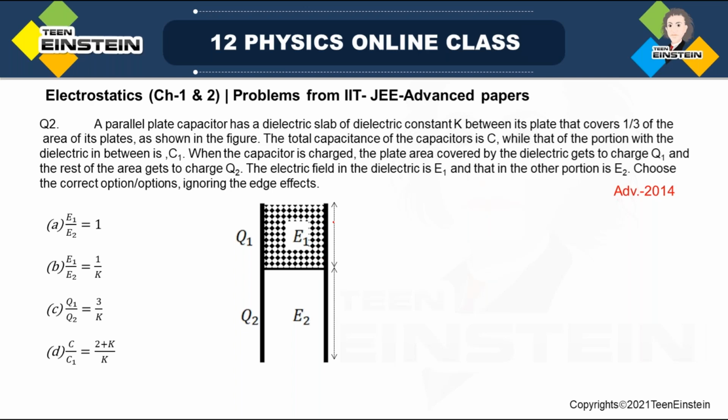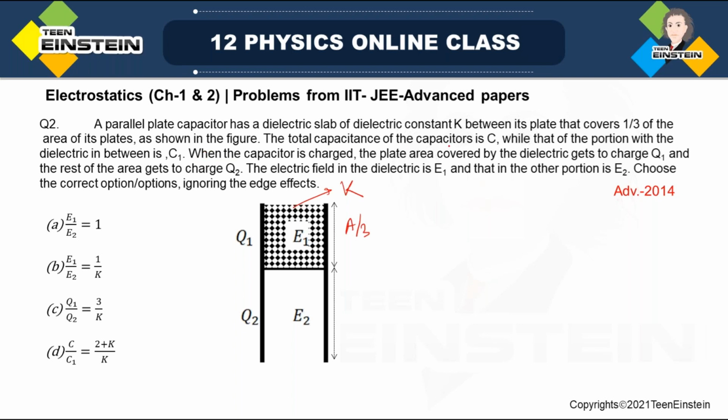As you see here, suppose the whole area is A, this is 1/3, that is A by 3. So this part is covered with dielectric material having dielectric constant K.